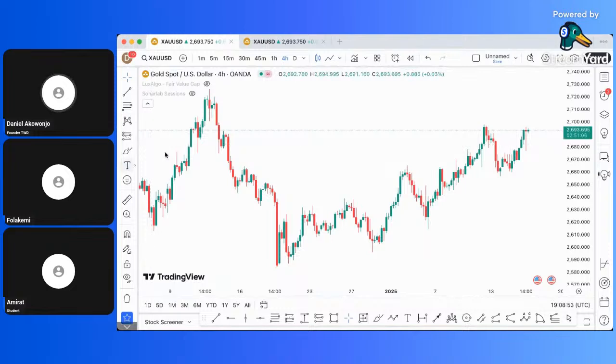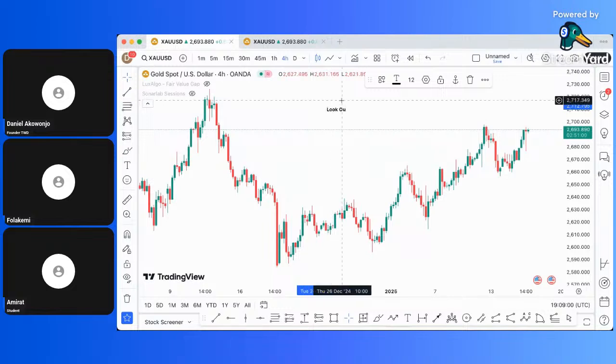So first, when you come to this chart, look out for the trend of the market. So we have the uptrend and the downtrend. I hope everyone can identify that as well.